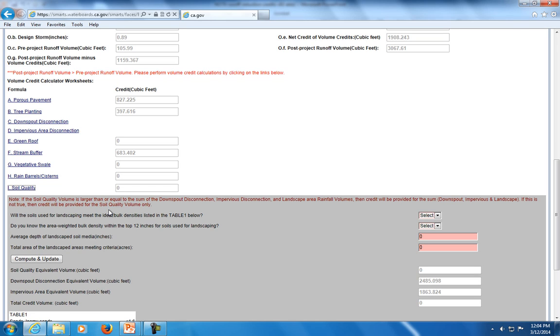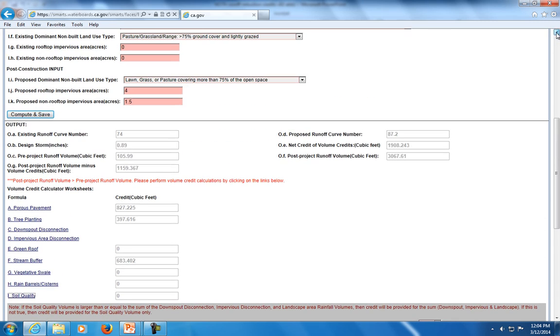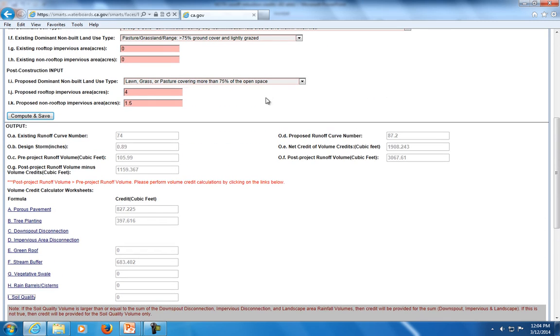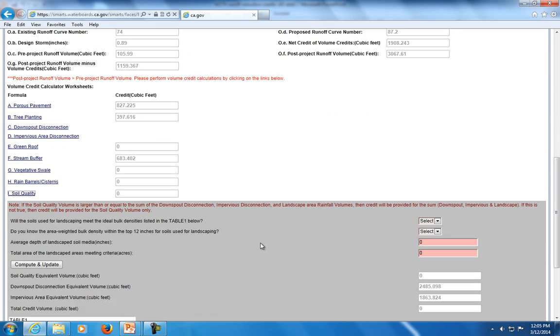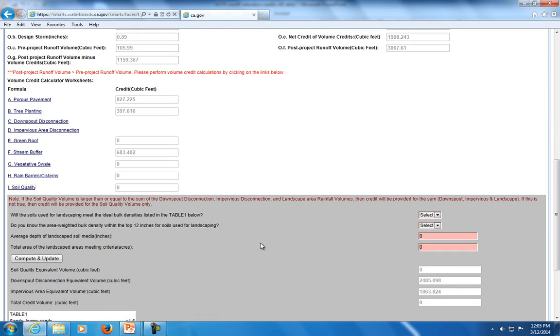So let me quickly go over the landscape area rainfall volume, because we haven't talked about that. What that is, is if we have a certain amount of landscape area on the project. In this case, we can fairly easily figure that out: it's a 10-acre project. We have 5.5 acres of impervious. So that means that 4.5 acres are pervious.